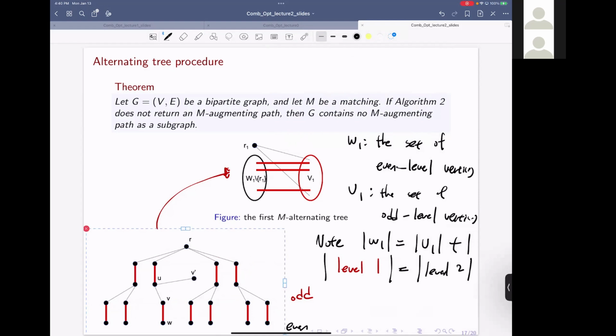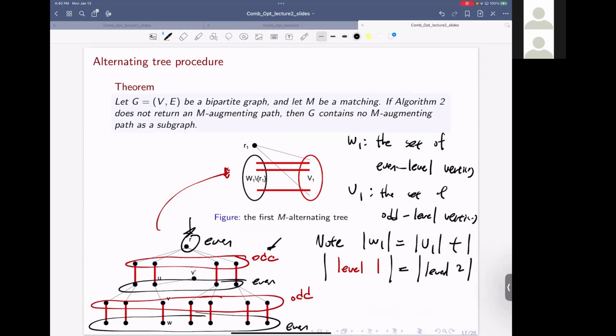If you look at this tree structure, when you go from an odd level to the next level, which is even, you're always using the matching edges. So levels 1 and 2 have the same number of vertices, and also levels 3 and 4. But we have this root vertex that gives you one more vertex in the set W1. Any question?